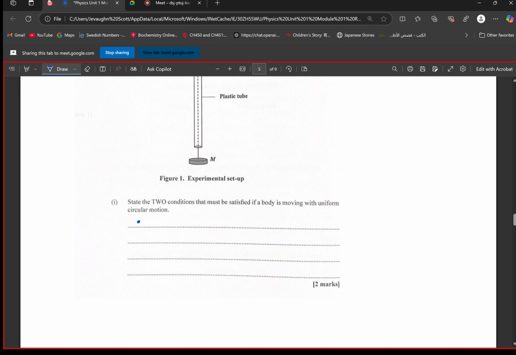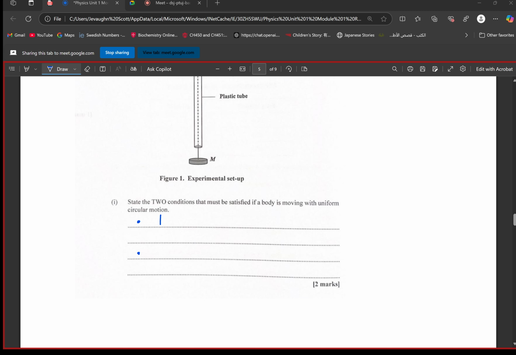Firstly, okay, so let's write that then.